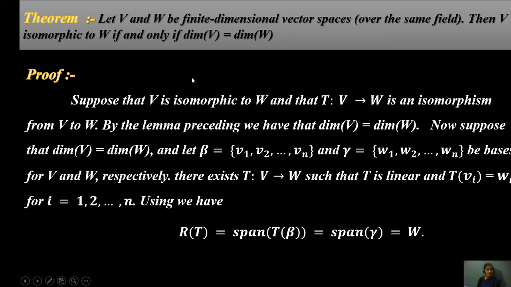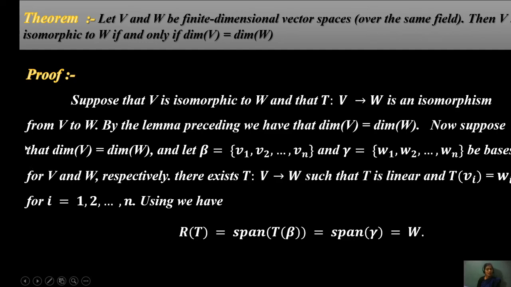Now suppose that dimension V equals dimension W, and beta = {v1, v2, ..., vn}, gamma = {w1, ..., wn} are bases of V and W respectively.